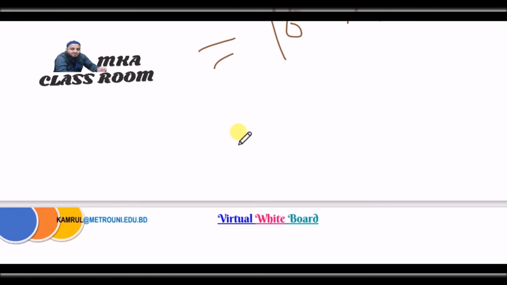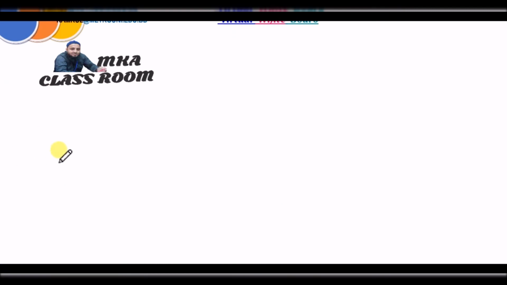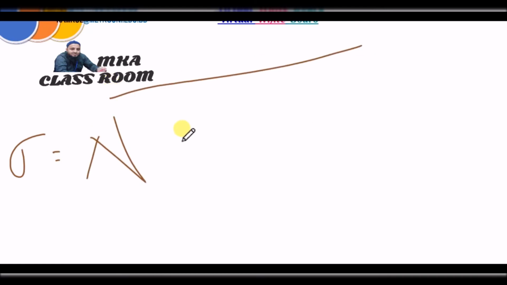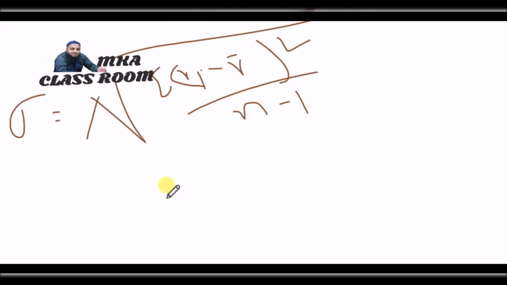Now we have to calculate the standard deviation. We know the formula. If there are no probabilities, the formula is the square root of the summation of (Rj minus R bar) whole square divided by n minus 1. It is easy to calculate.